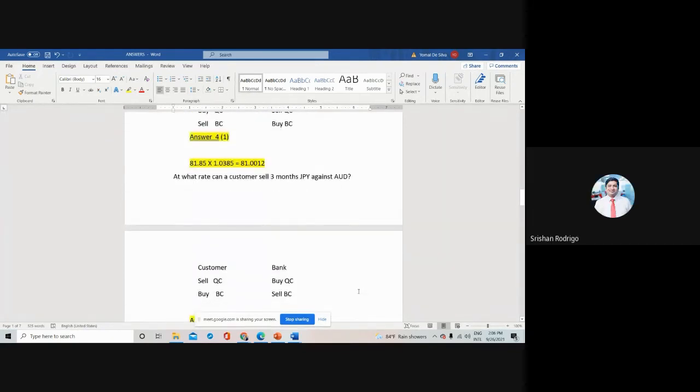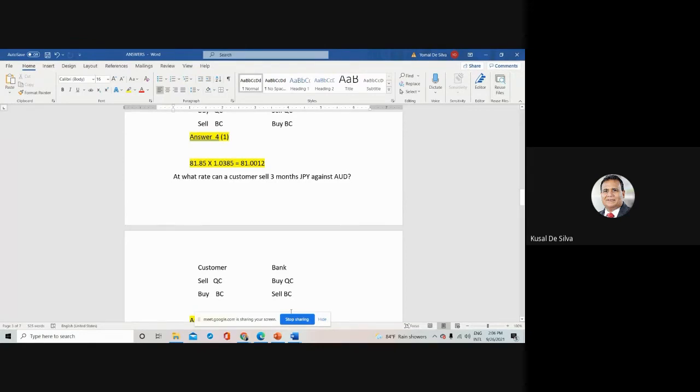So what kind of transactions do we normally need to apply this to? So that means what kind of businesses? Yes, now this cross currency is getting involved almost every day in a bank. But generally, when you are working in a bank, these rates are given by your treasury.